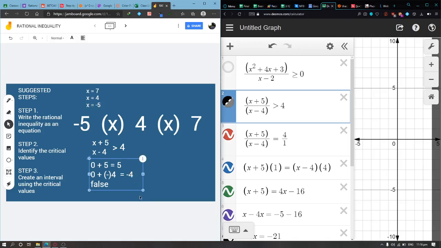So 5 over negative 4, this is our numerator, so as not to get confused, our numerator, and our denominator.